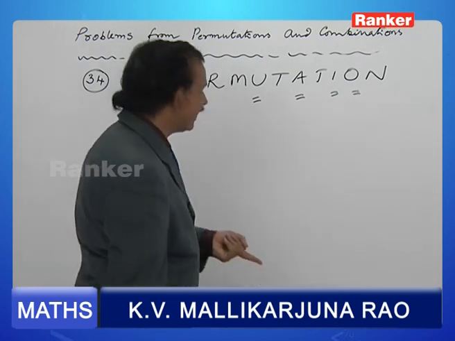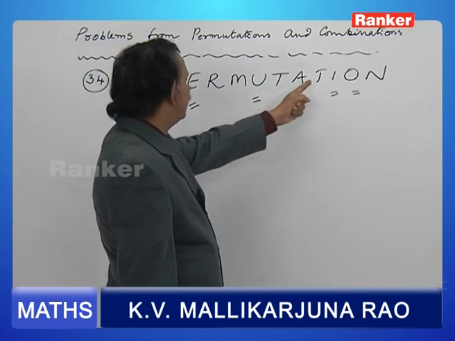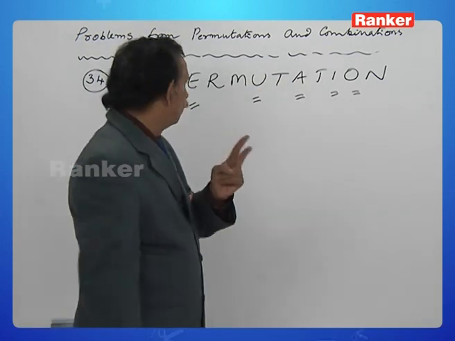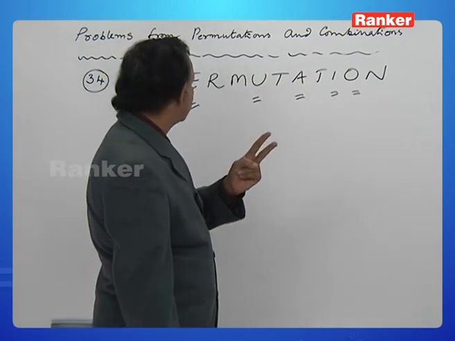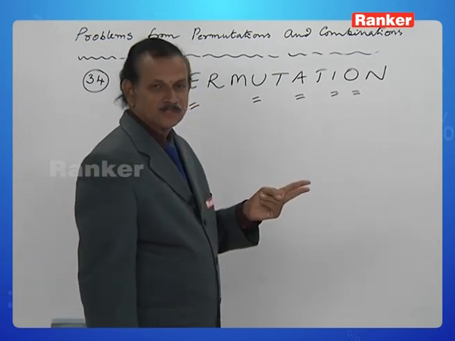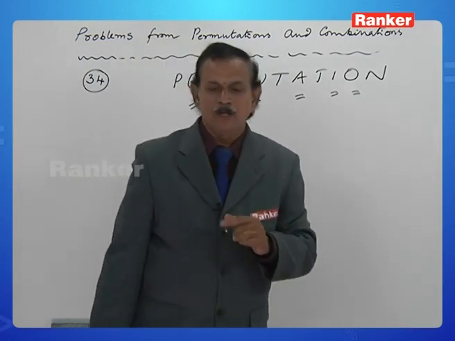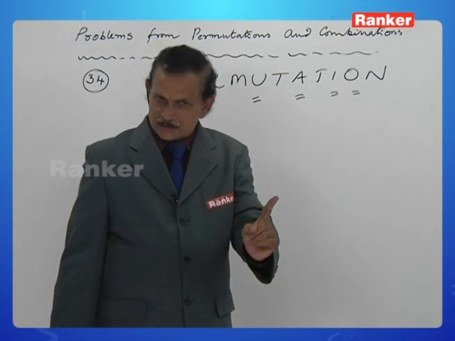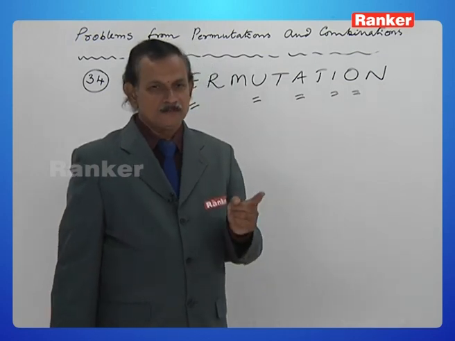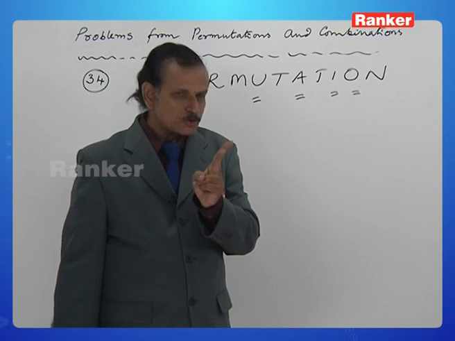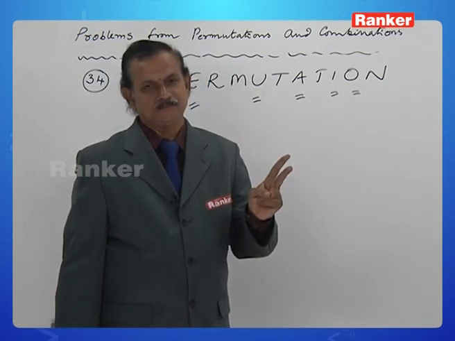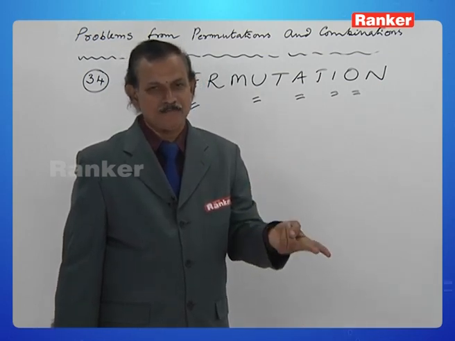How many identical letters are there actually? T and T. They are the only two identical letters. That is, no two vowels should come together and the two T's should not come together.